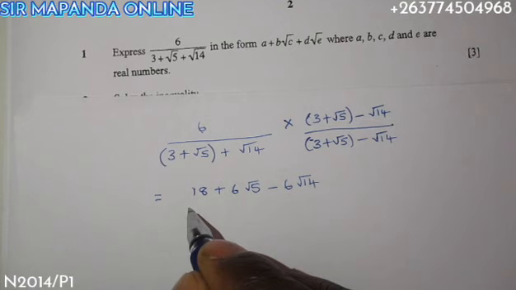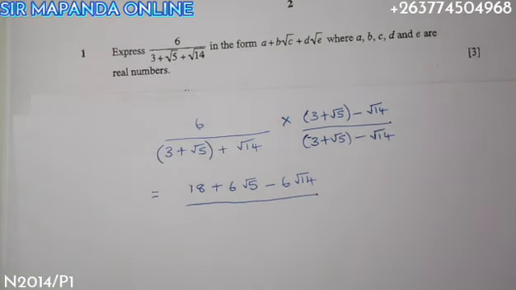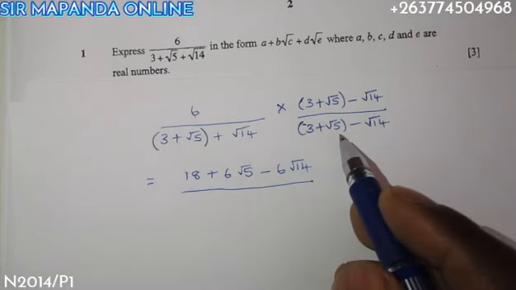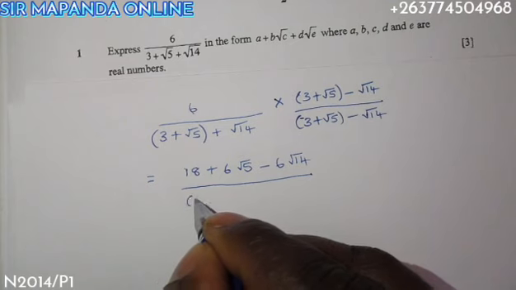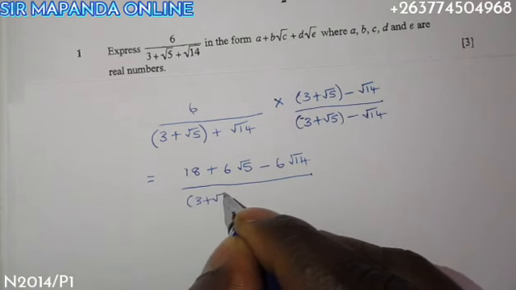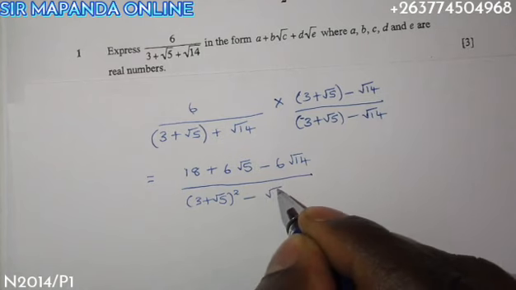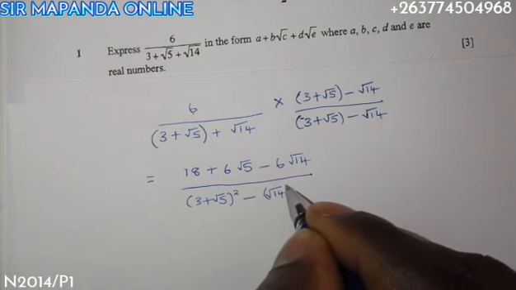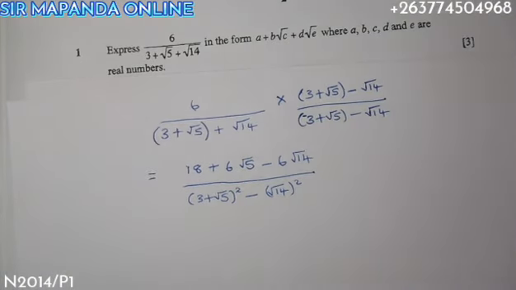Right, then on the denominator, we apply a difference of 2 squares. So I'm going to target the side with a minus. The first term is 3 plus root 5, which I'm going to raise to the power 2. And the second term is root 14, which I'm going to raise to the power 2, using the difference of 2 squares.